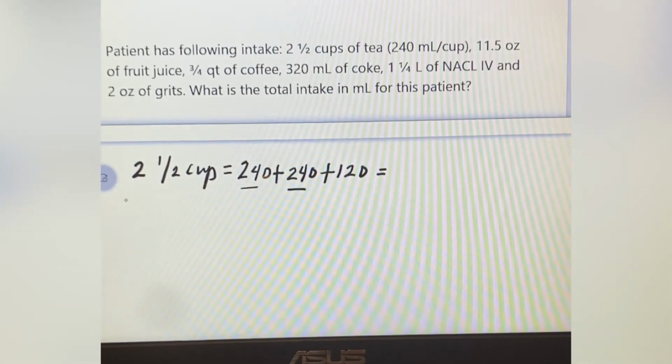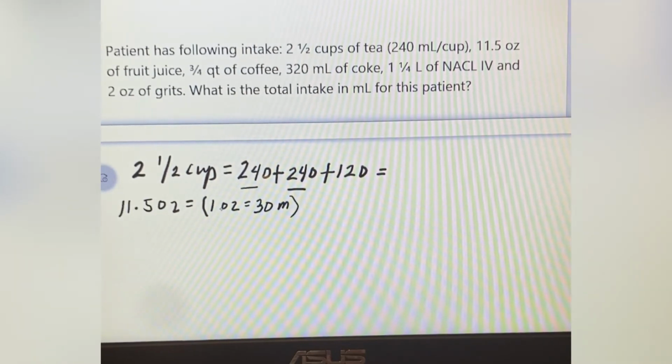And then 11.5 ounces. In 1 ounce, how many ml? 1 ounce is equal to 30 ml.